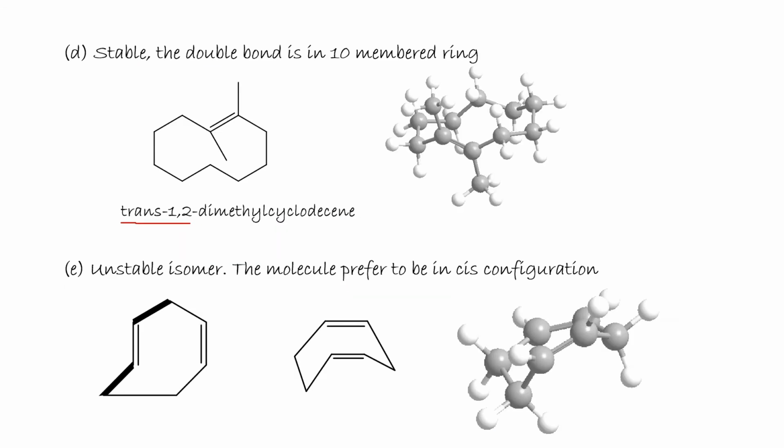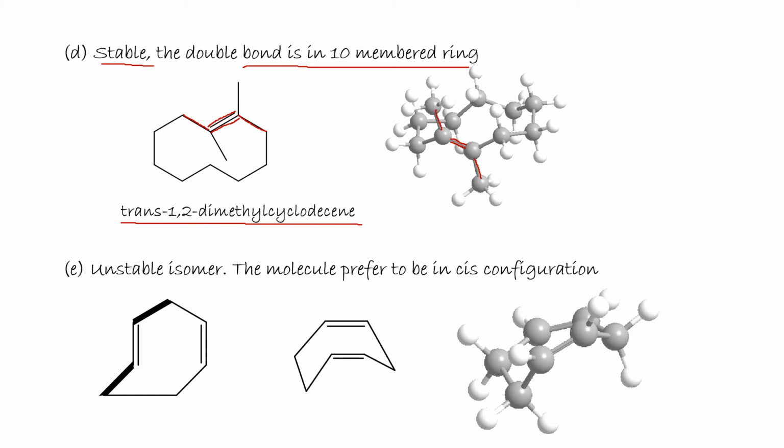For trans-1,2-dimethylcyclodecene, it is stable. The double bond is in a 10-member ring. So again, you can see the double bond here, trans, and the methyl trans.